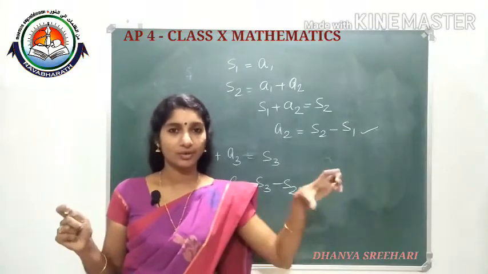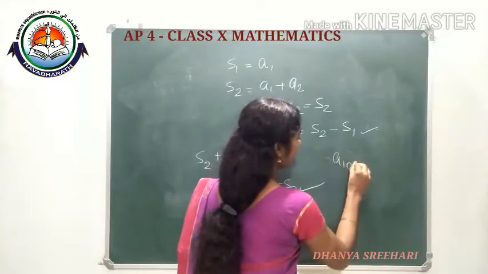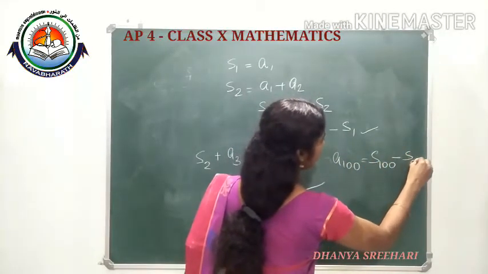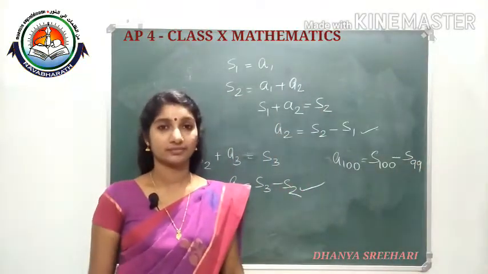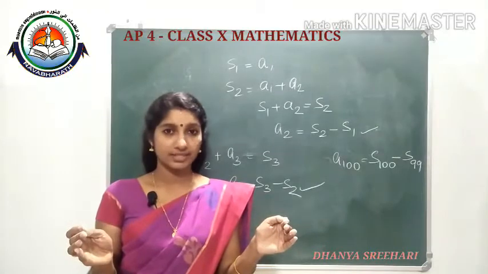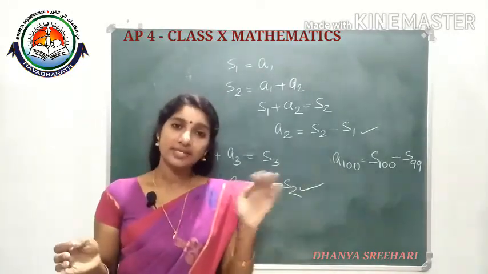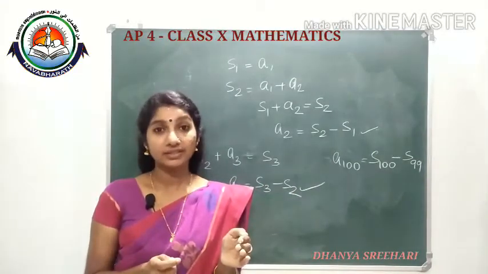So how can we find the 100th term? 100th term means A100. A100 we can write from S100, subtracting S99. We will get the 100th term only. From 5 terms sum, S5 means first 5 terms sum, we are subtracting the first 4 terms sum. What will we get? We will get the 5th term.